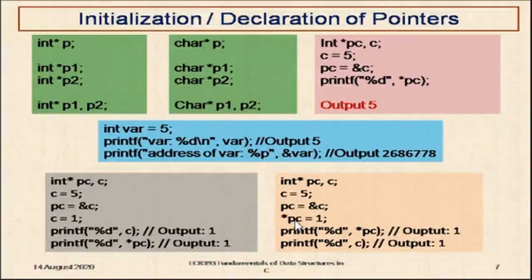So we can directly access the memory, which is not available in other languages, I can say. So you see here star pc is equal to 1. Means what? This is equal to c is equal to 1. So I am directly storing the value 1 in the address assigned for the variable, right? And we have got the same. Fine.